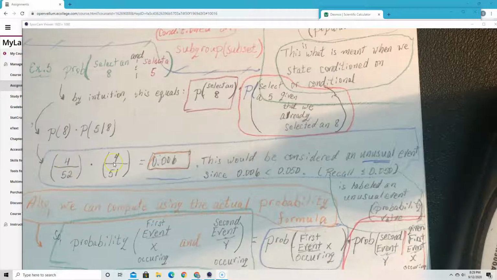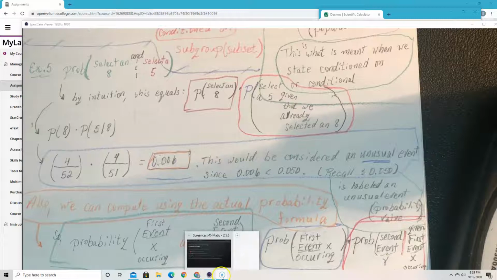And now we multiply these two probabilities. Probability of selecting an 8 times the probability of selecting a 5 given that the first card selected was an 8. That's what this little condition means. So this probability is 4 to 52 times this probability is 4 to 51. Multiply these together with a calculator.